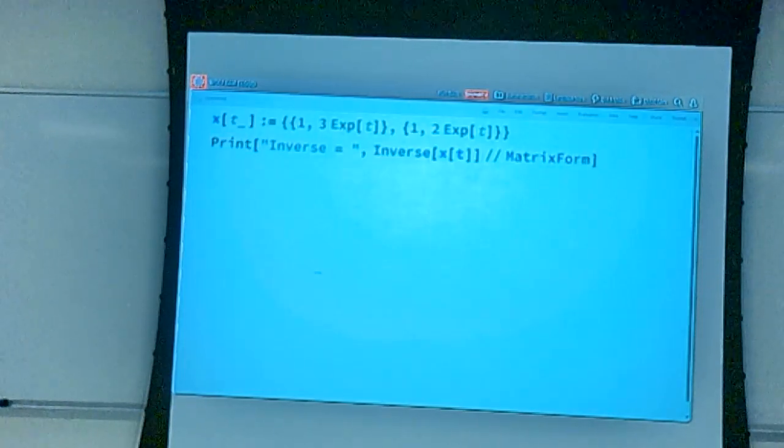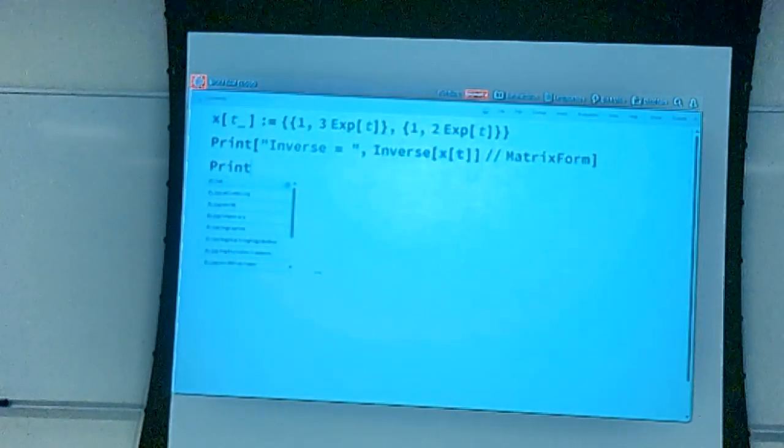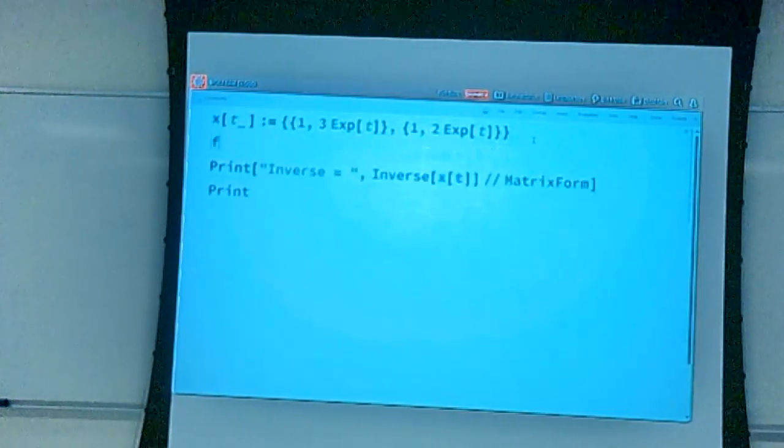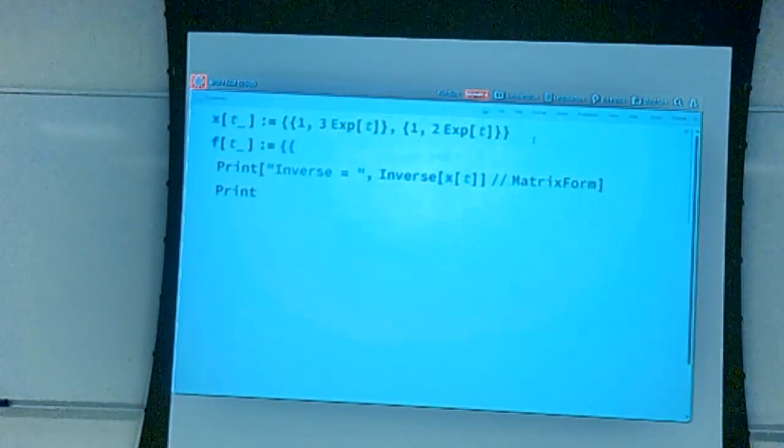I'm going to have it print out everything for me. This is the command to find the inverse of a matrix, and then just write it in matrix form. Oh, I also need to define my f, don't I? F was, what did you say it was? 4, -1.